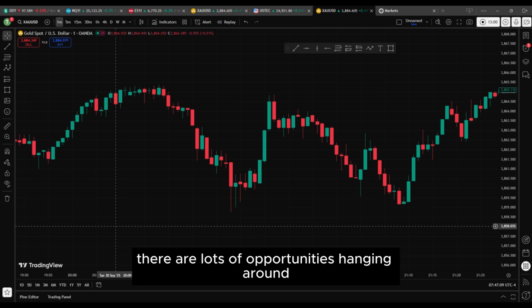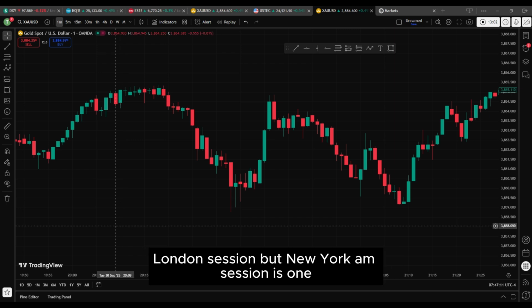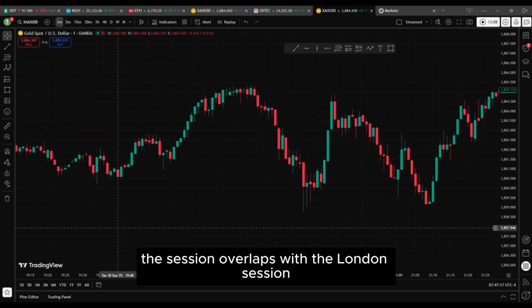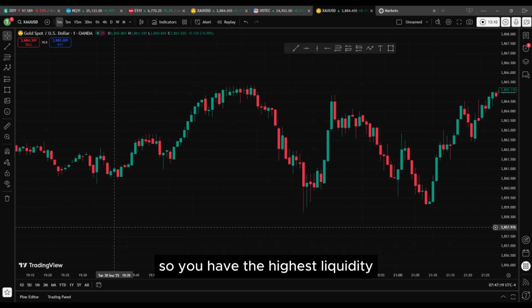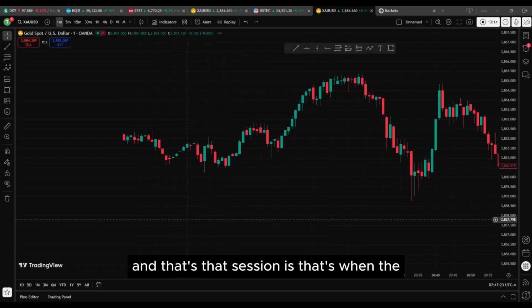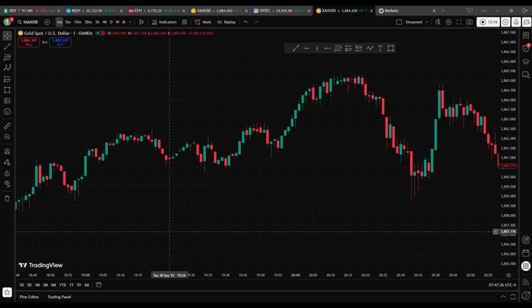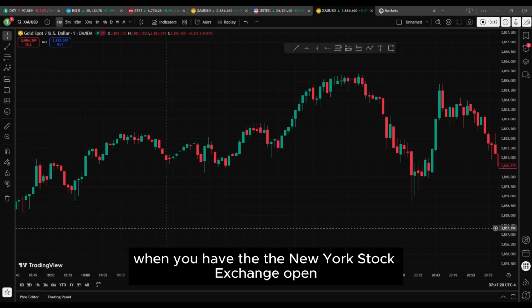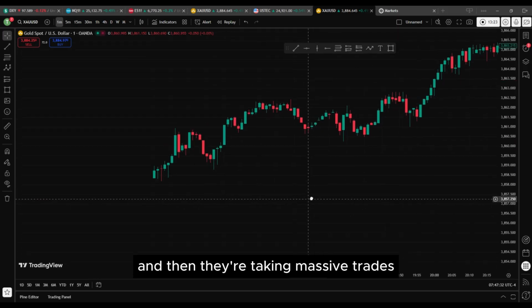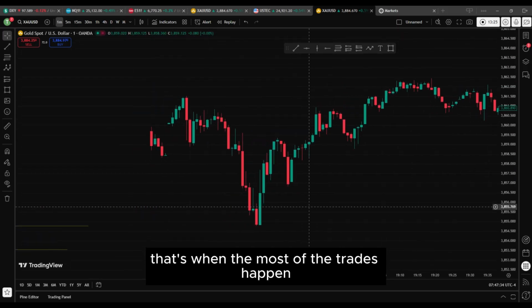Of course, there are lots of opportunities around the London session, but the New York AM session overlaps with the London session, so you have the highest liquidity. That's when the New York Stock Exchange is open, and they're taking massive trades. That's when most of the trades happen.